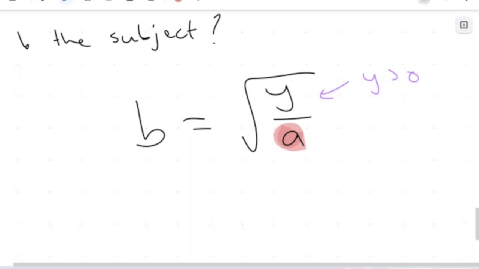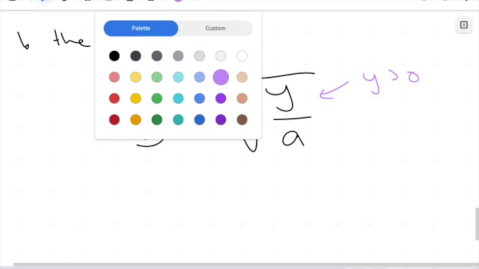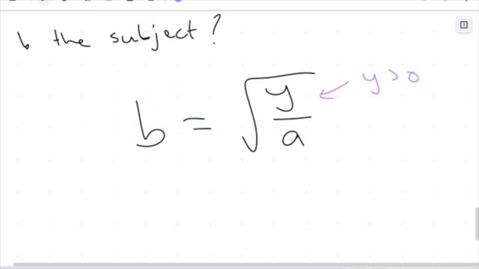So let's say, for example, that y can be any number greater than 0. Let's say it was 3. And what happens if a is a negative number? Well, let's try negative 3 here. So inside this square root, I get 3 divided by negative 3.